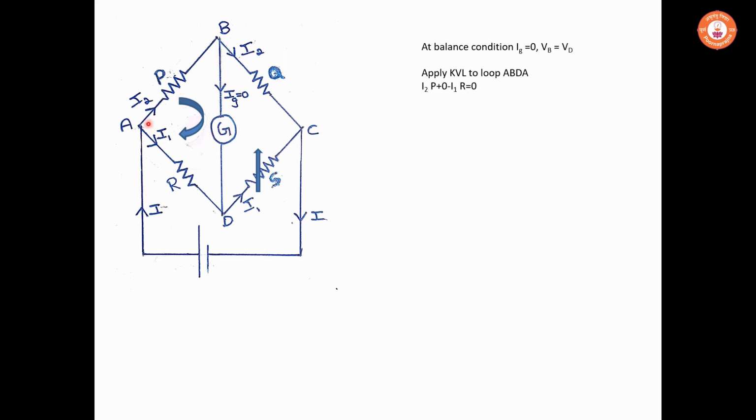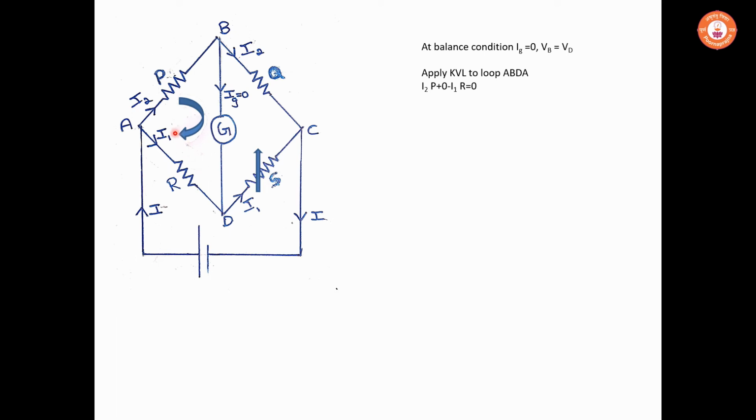According to Kirchhoff voltage law, by applying the law to this loop ABDA, we will get I2P plus 0, because current at this terminal is 0 as we are operating in balanced condition. So at balanced condition, Ig is 0, therefore the current is 0. Then minus I1R, because the current flow direction is opposite, the sign changes to negative.